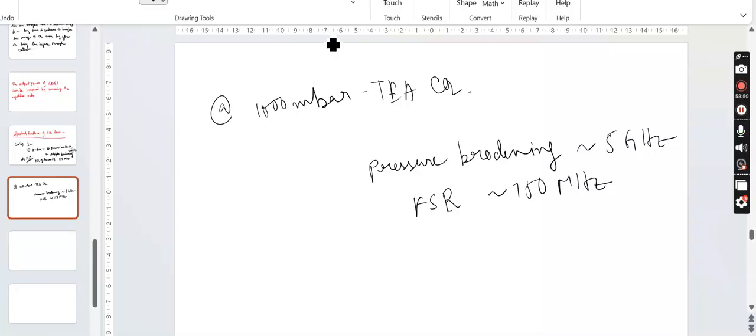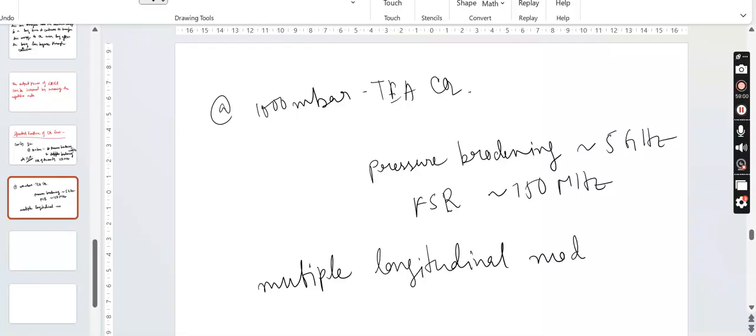So multiple longitudinal modes exceed loss, and therefore we get spatial hole burning phenomenon.